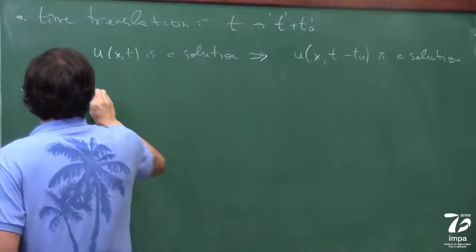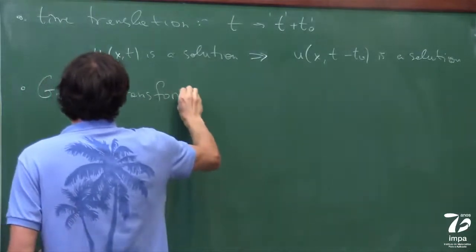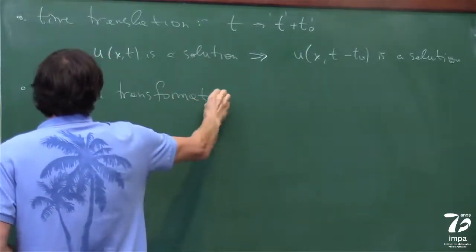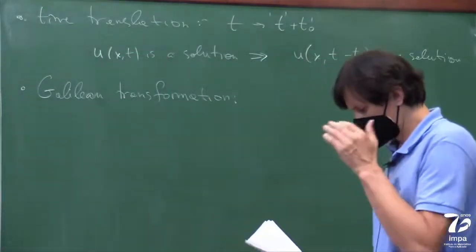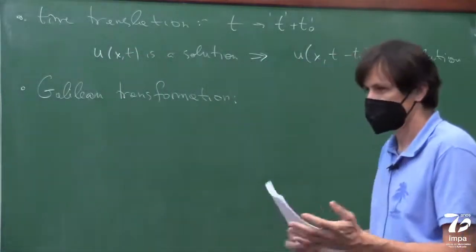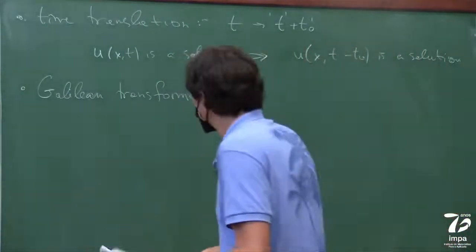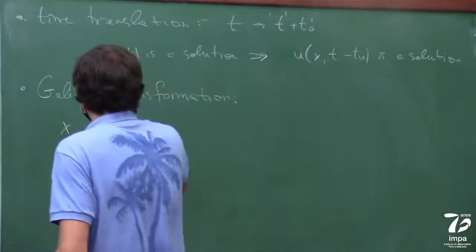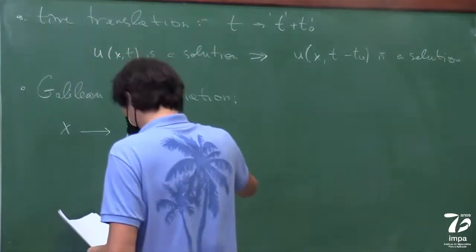A very important transformation. And if you remember, Galilean transformation means that you change to a coordinate frame which moves with constant speed. So you change x to another frame which is moving with a constant speed u.